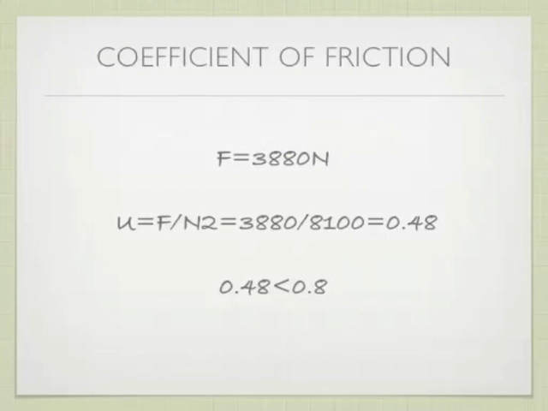The next step is to check the coefficient of friction. We got the friction force is 3,880 Newtons, and the coefficient of friction mu is at least F divided by N2, which is 3,880 divided by 8,100, that is 0.48.